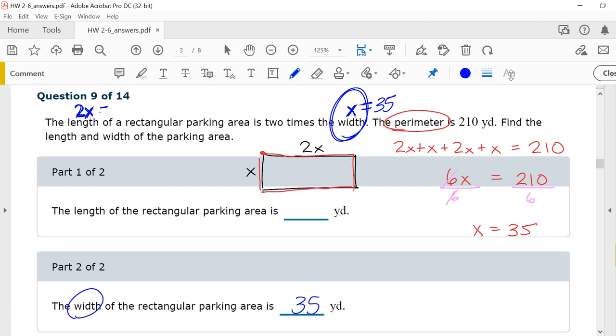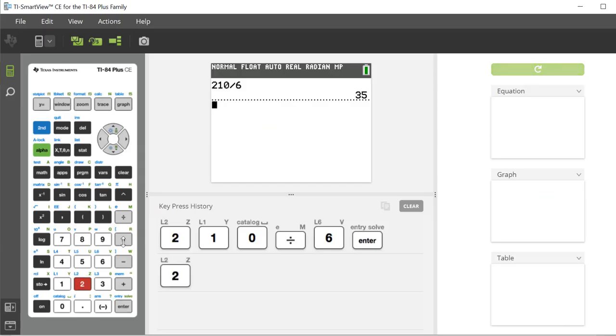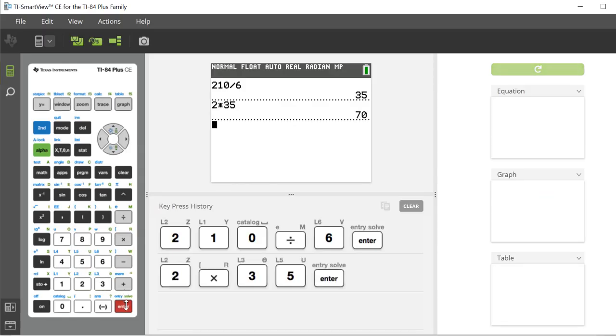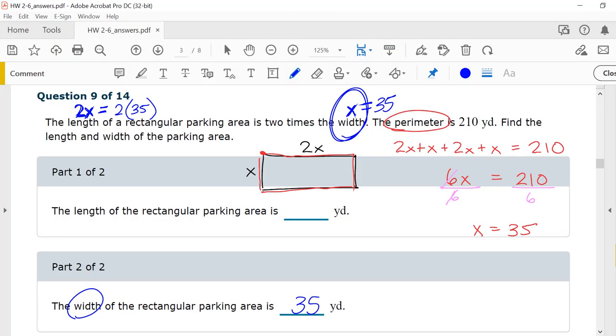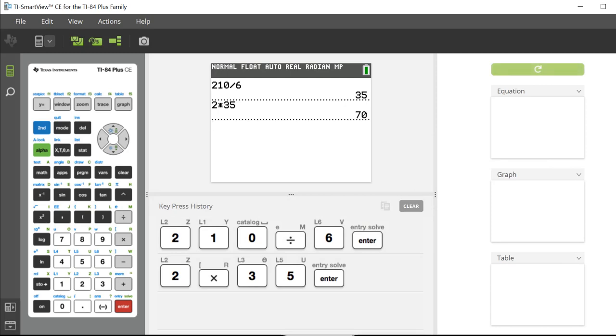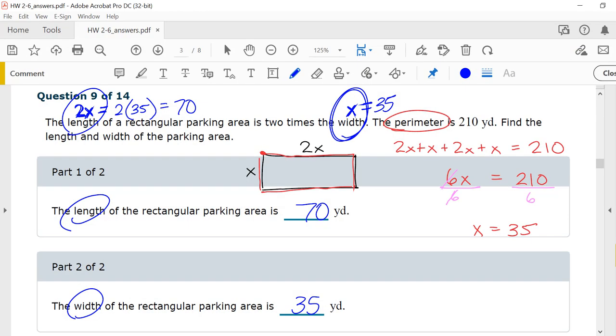Now the length was 2 times x. So 2 times 35 is 70. So the length is going to be 70 yards. Be careful and make sure you know what your x is and your 2x is. Your x is your width, 2x is your length.